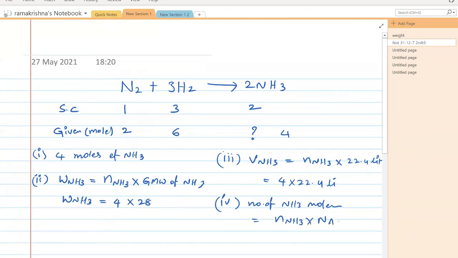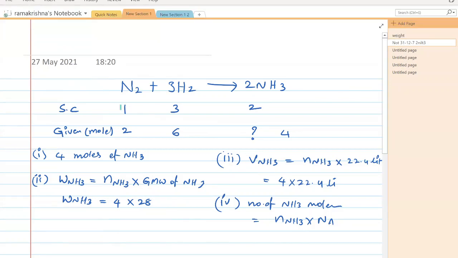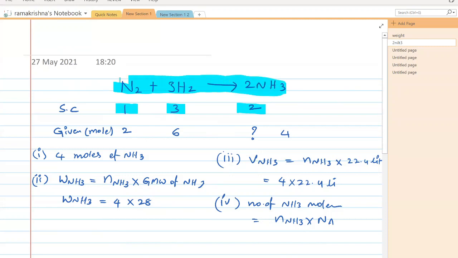This is how we can find out when the balanced equation is given. It is very simple. And one important thing, very, very important, you should remember that. So here, this is not stoichiometric coefficient, means always we will consider the balanced equation only. If you want to get stoichiometric coefficient, you have to consider the balanced equation only.